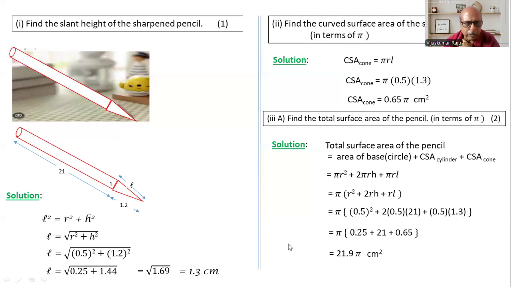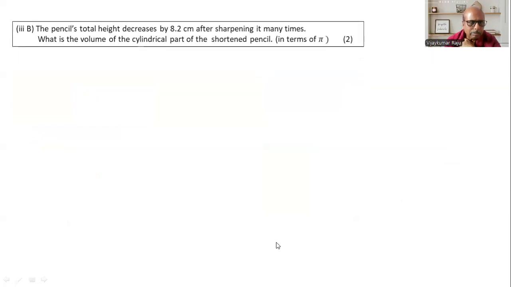Now let's take another bit of this. The pencil total height decreases by 8.2 centimeter after sharpening it many times. Because when you sharpen, the pencil's length starts decreasing. What is the volume of the cylindrical part of the shortened pencil in terms of pi again?